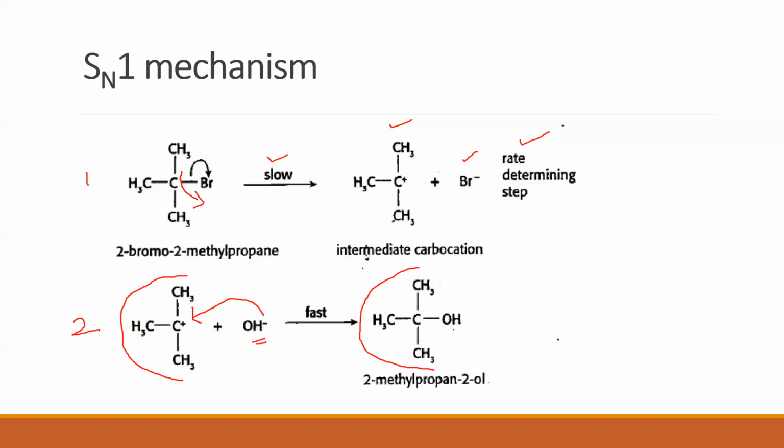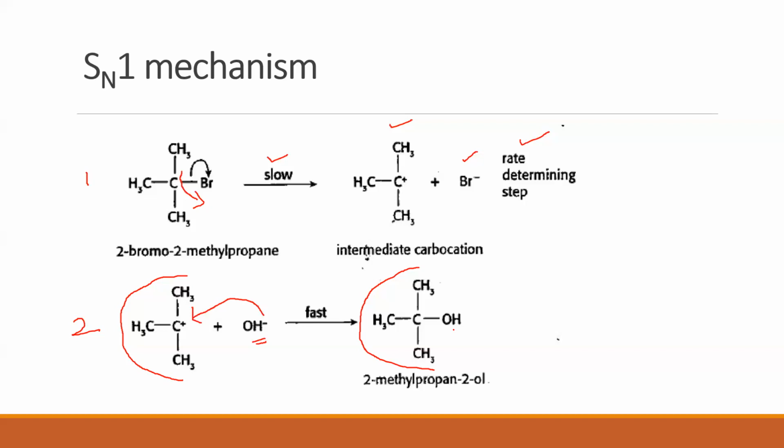So what is this called? This is called retention. Retention or retain. The structure is retained. The position of the nucleophile is retained as that of the halogen. That's what it means.